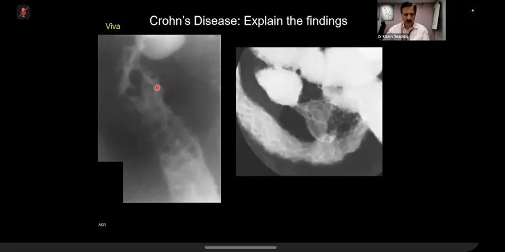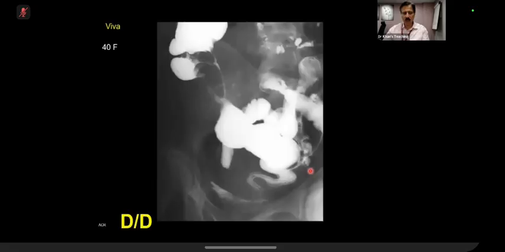If you see these in profile, look at this. This is that rose thorn type of appearance. Look at all of these which are in profile, projecting outside. What does it tell you? They are going into the wall. So this is intramural, and these are deep ulcers. So this is Crohn's disease. Okay, candidate 10, over to you. Classical exam film.